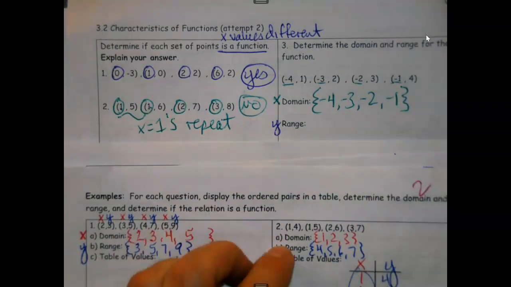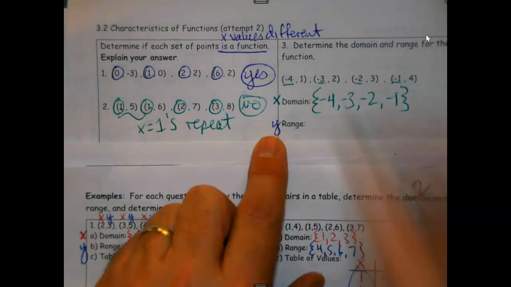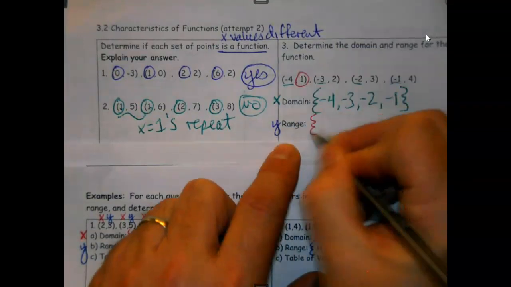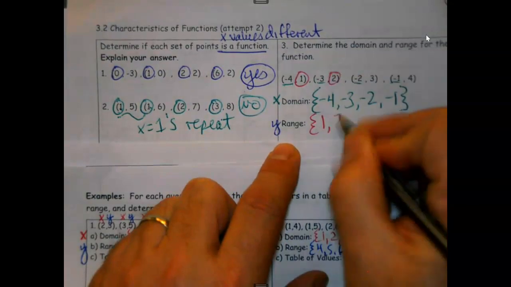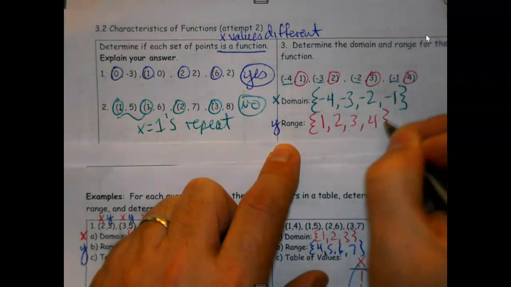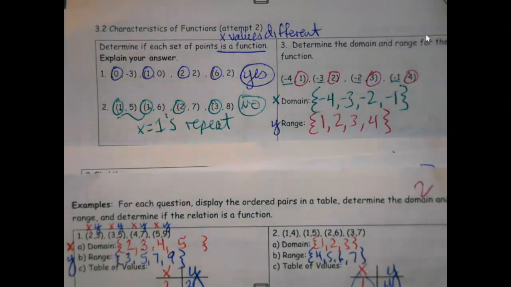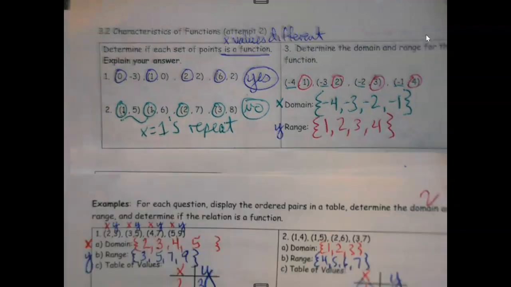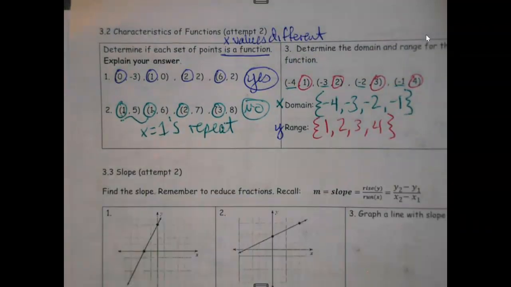That's it. Range, list off all the y values. That's it. You're done. No algebra. No calculating nothing. Just writing down the x's and the y's. And we're good.